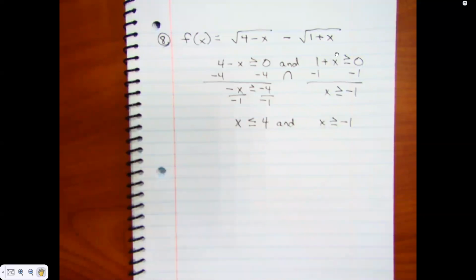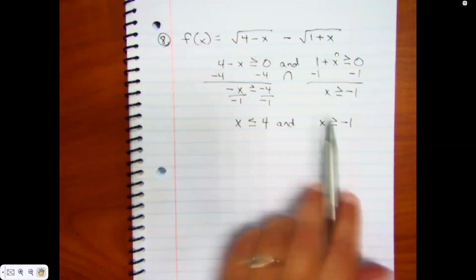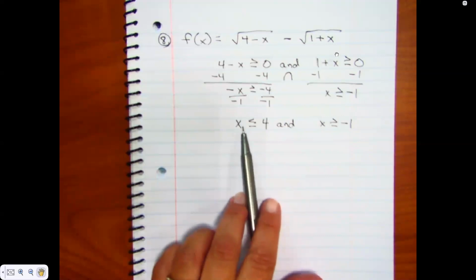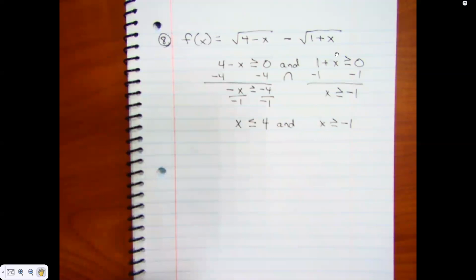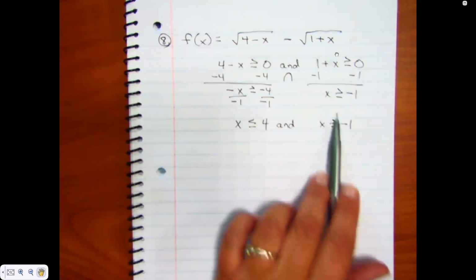So bigger than -1, but less than 4. That's totally doable, right? What's a number bigger than -1 and at the same time less than 4? 0, yeah, right? I mean, that's just the easiest one to think of. So there are numbers that are bigger than -1 and less than 4.